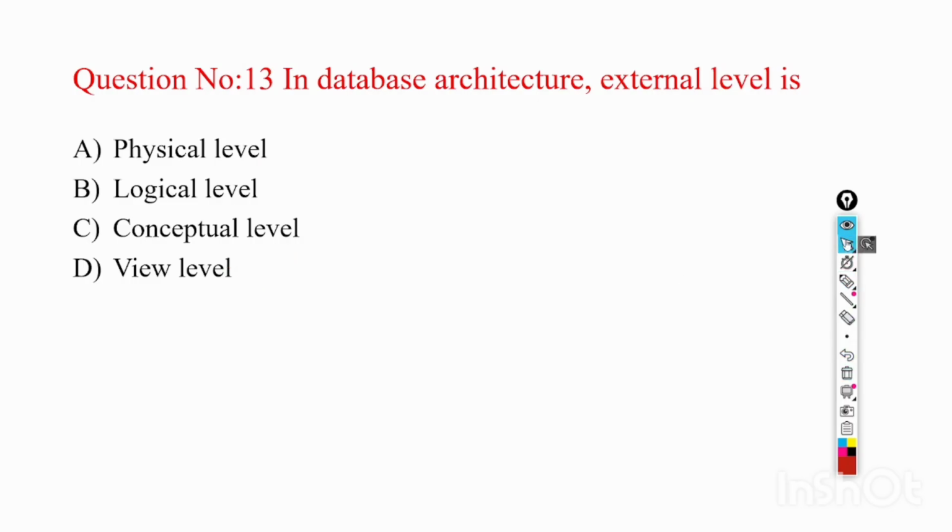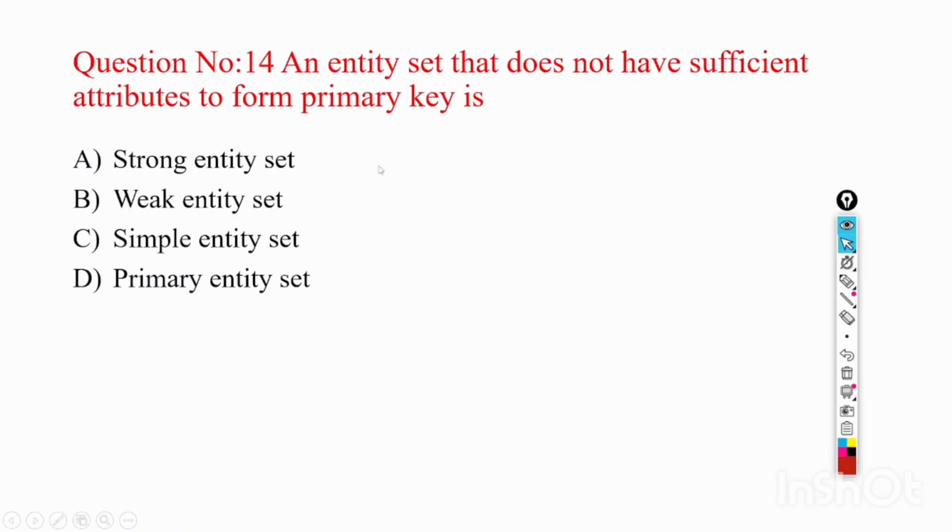The physical level handles the storage. The logical level is nothing but the conceptual level, and the external level is nothing but the user level. The correct answer is the view level.